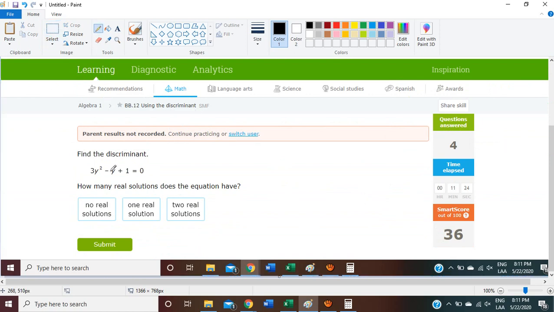This number is b, so negative 1 squared is 1, minus 4 times a times c. 3 times 1 equals 3. So 1, negative times positive equals negative, 4 times 3 equals 12. So the discriminant here is negative 11.